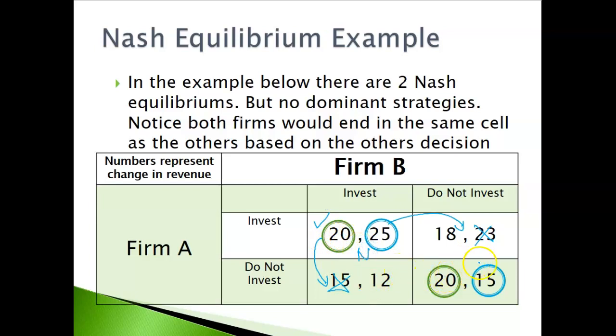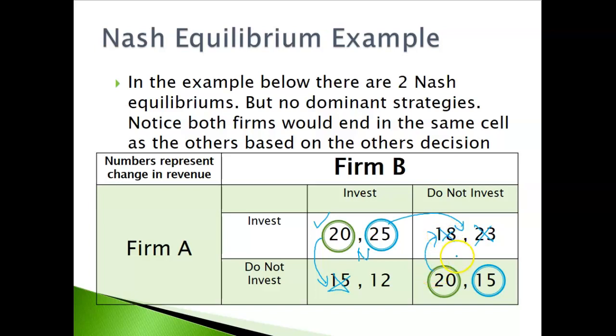In the same vein, is there any reason for them to go the other direction? Okay, well, if they choose to deviate, so if firm A decides to not invest, they could always choose to go to invest, but again, they have to be in this do not invest quadrant. So they'd be going from 20 up to the 18.